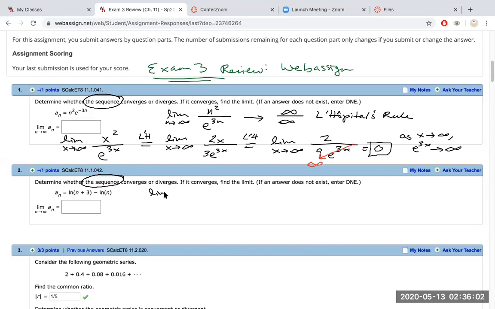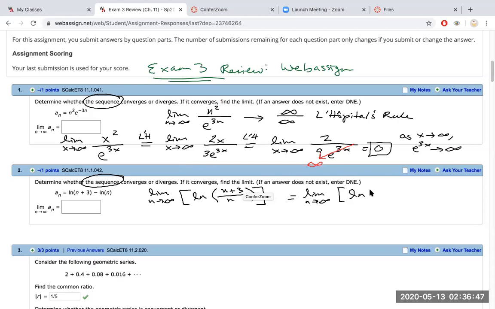So you have the limit as n goes to infinity. You have a log rule that you can use here. This is ln of (n plus 3) divided by n. And then that's the limit as n goes to infinity of ln. You can actually divide the top and bottom inside the ln by the max term here, n.